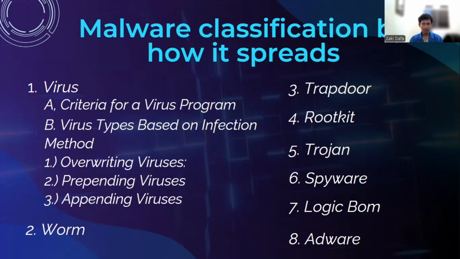Okay, the next malware we have is a worm. A worm is a program capable of self-replication and spreading independently across a network by exploiting system security vulnerabilities. Unlike a virus, a worm does not need to attach itself to a host program or require user interaction to run.